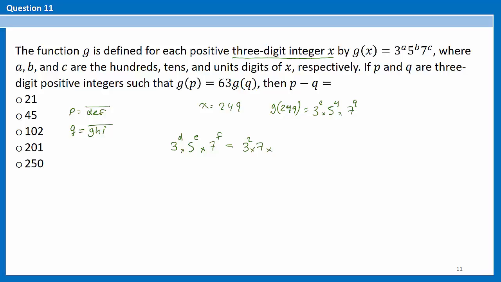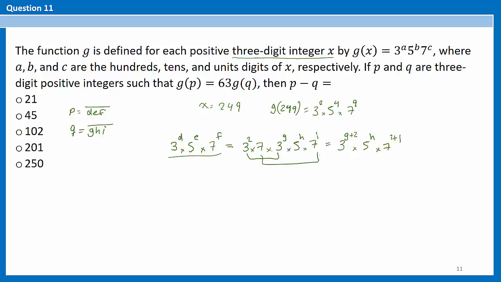G of q would be 3 to the power g times 5 to the power h times 7 to the power i. Now I can combine these two. This would be 3 to the power g plus 2 times 5 to the power h times 7 to the power i plus 1.